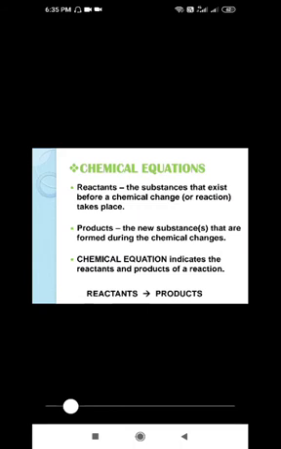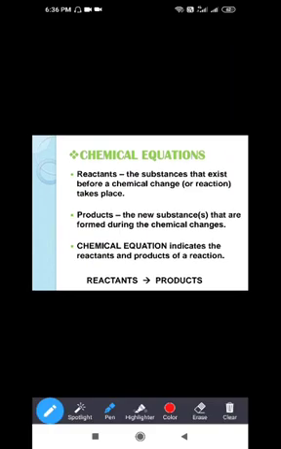See, when we are writing the chemical equation, it has two parts. As you can see over here, there is the arrow sign. On this arrow, we divide it into two sides: the left hand side and the right hand side. Now, these two sides have two different components.